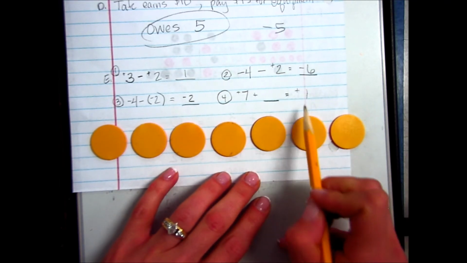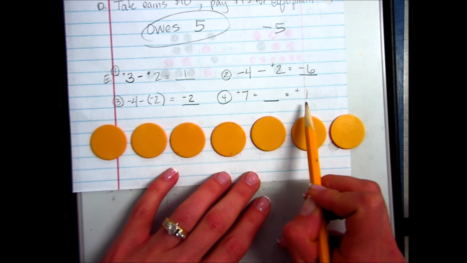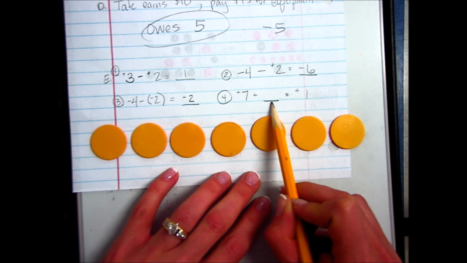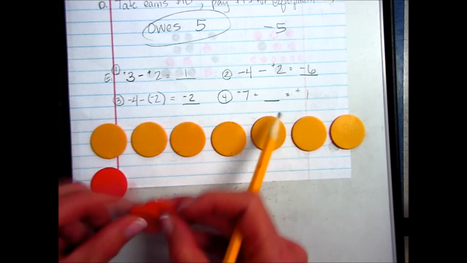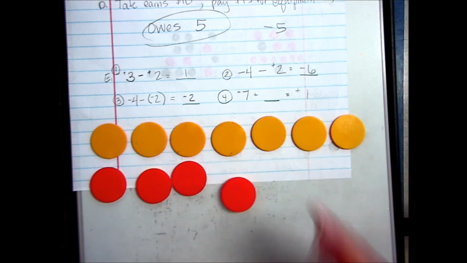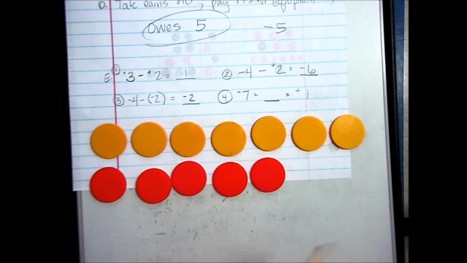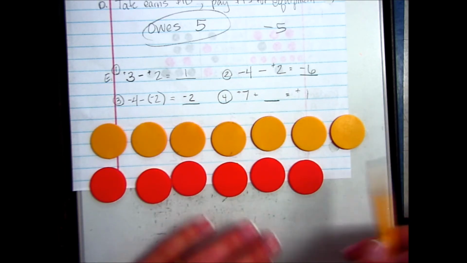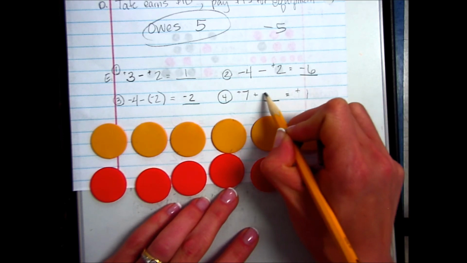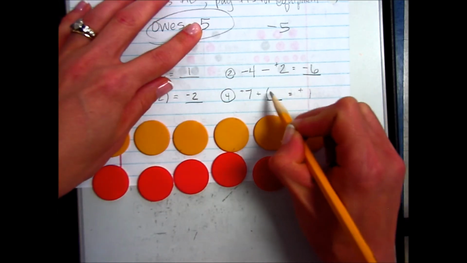I need to end with only a +1. So what goes in this spot? -6. I'll need to have these 6 to cancel all these out and end up with just the 1 positive. So plus the -6.